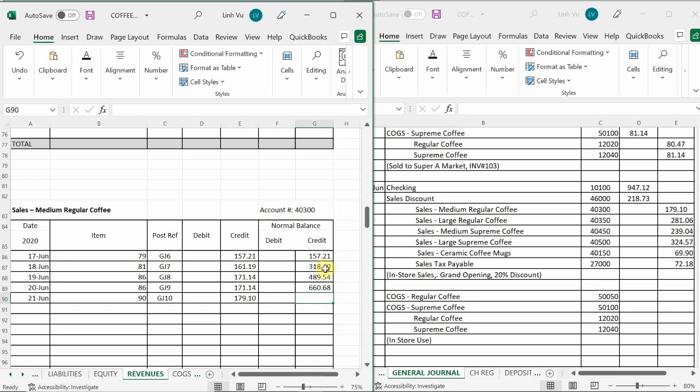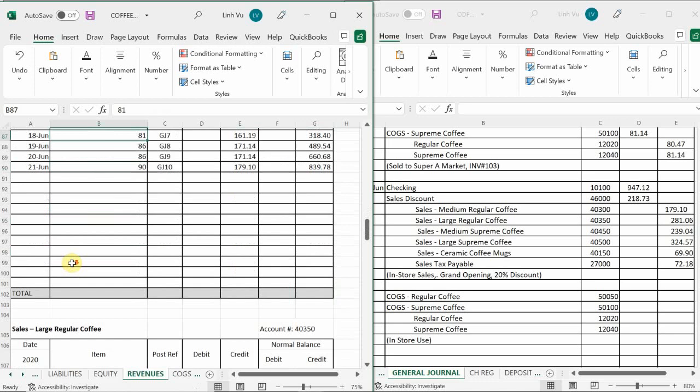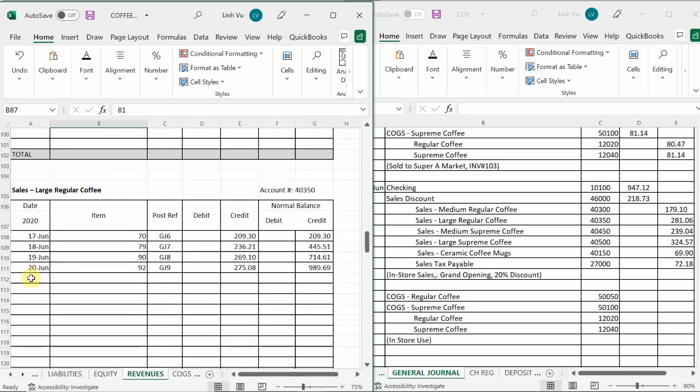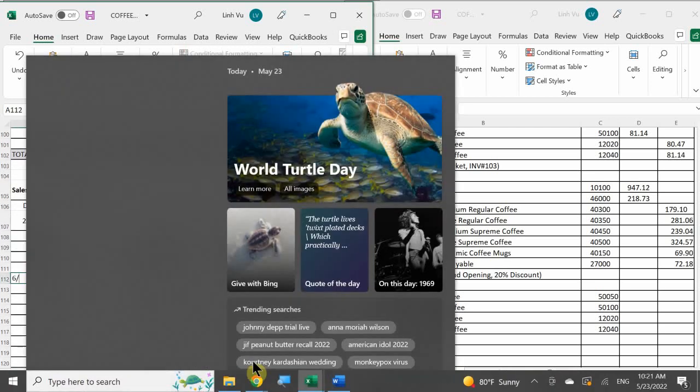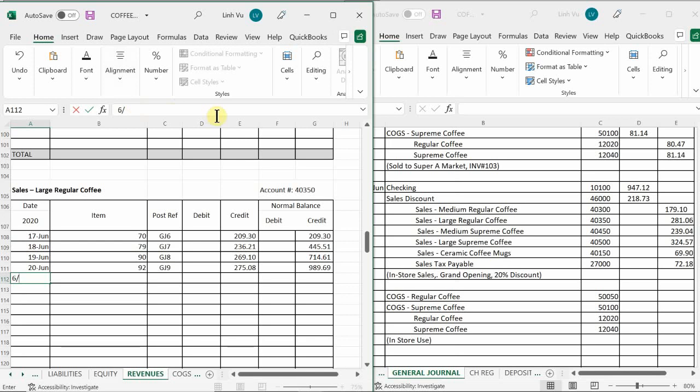So we need to add 660 with 175.10, 660.60. We got 839.78. Good.